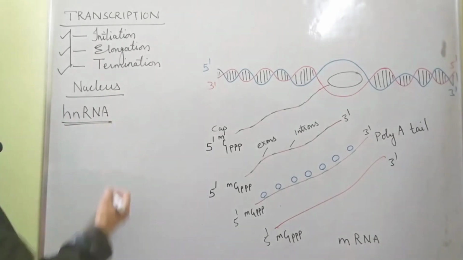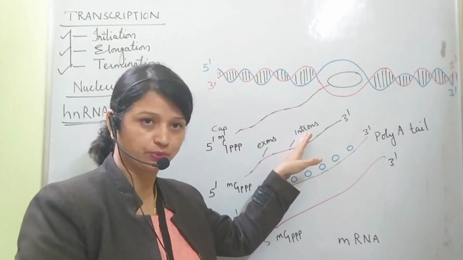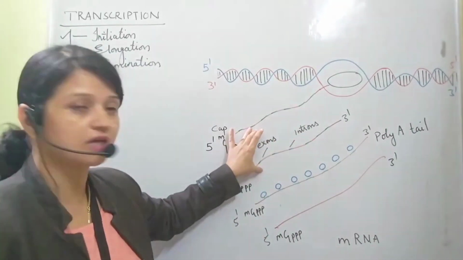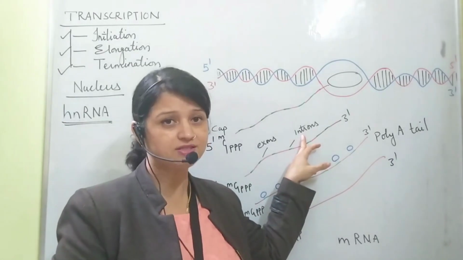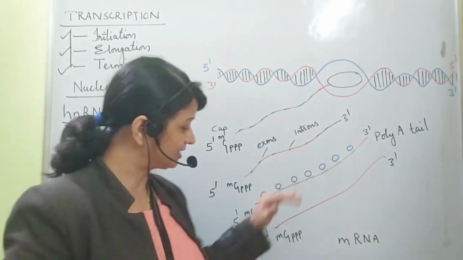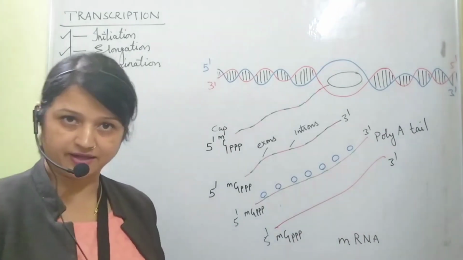This hnRNA has certain coding and non-coding sequences. The coding sequences are known as exons, and the non-coding sequences are known as introns. So to get the messenger RNA, there is processing of hnRNA.